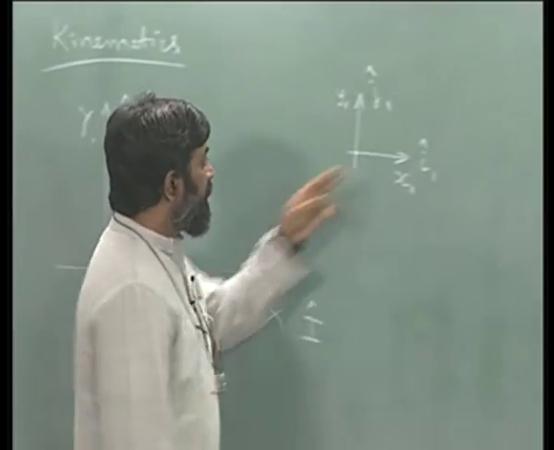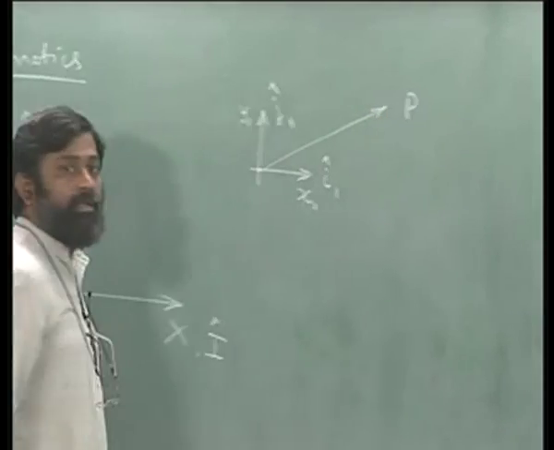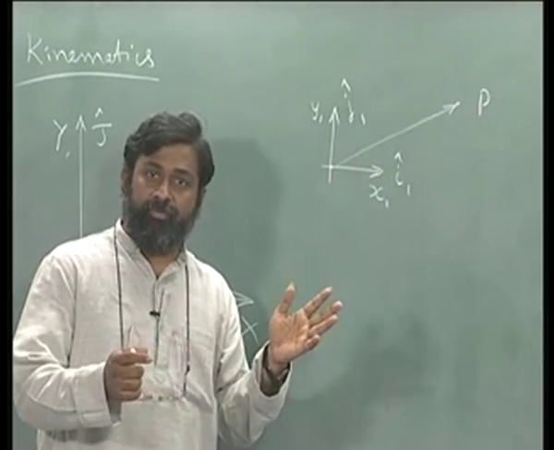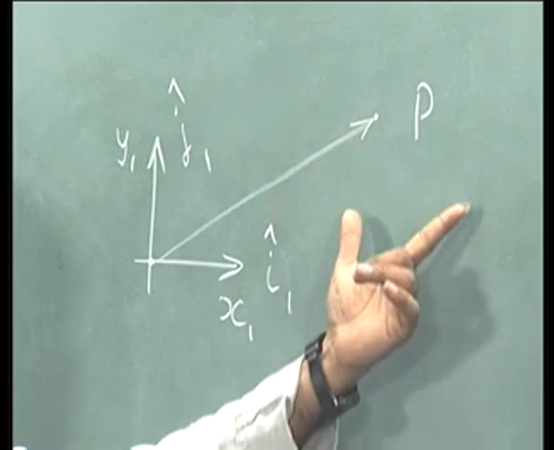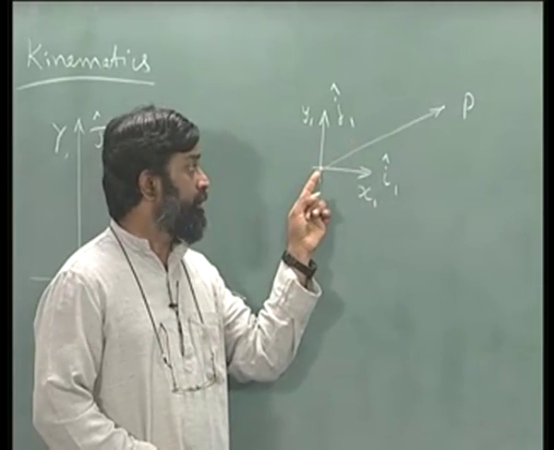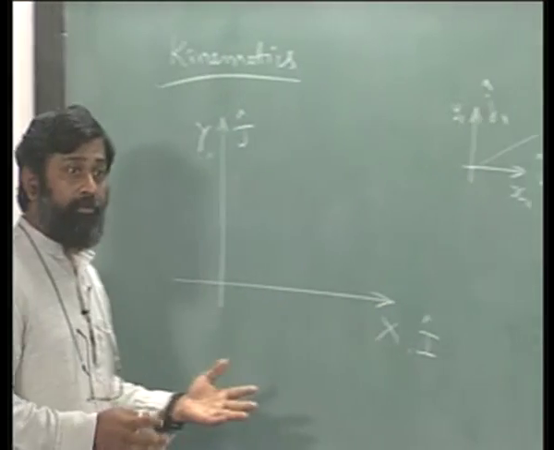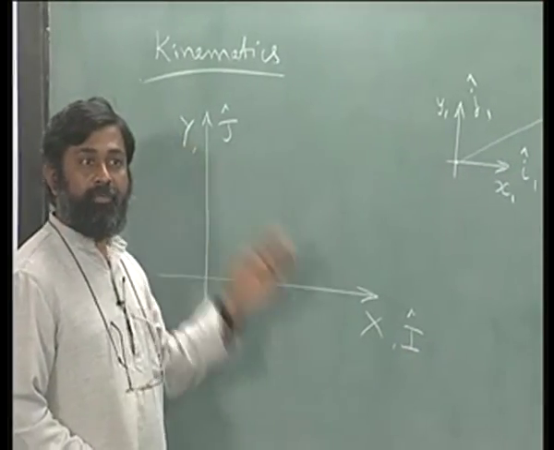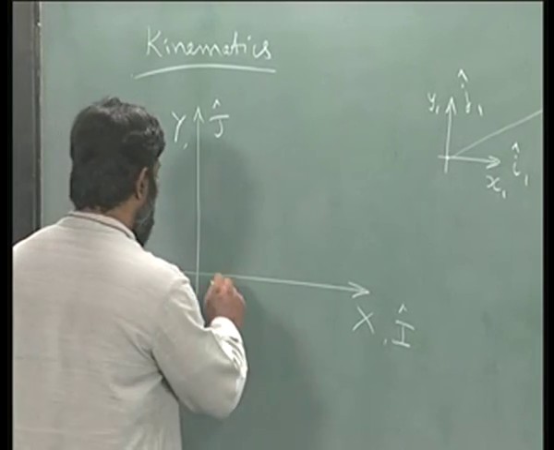For example, if there is some particular body or particle, let us say P, which is defined with respect to the moving frame of reference, and with respect to this moving frame I see that there is some change happening to P, but what I know is how it is changing with respect to this moving frame of reference. If I have to find out what this movement of P is with respect to the fixed frame of reference, I have to do the transformations that we did in the last class, in the last module.